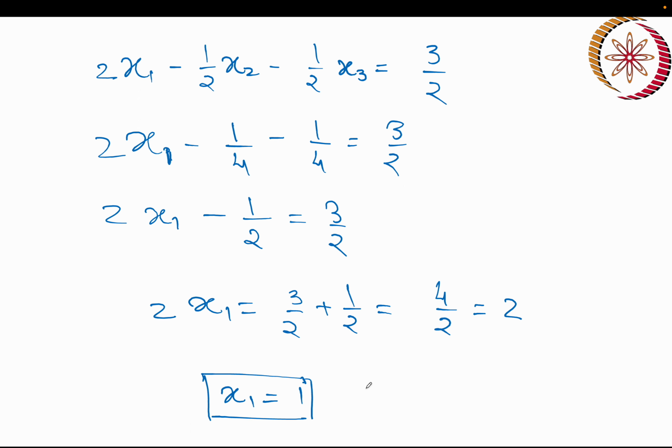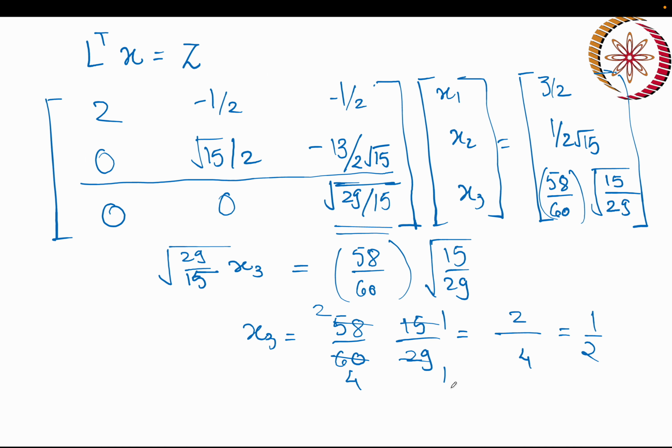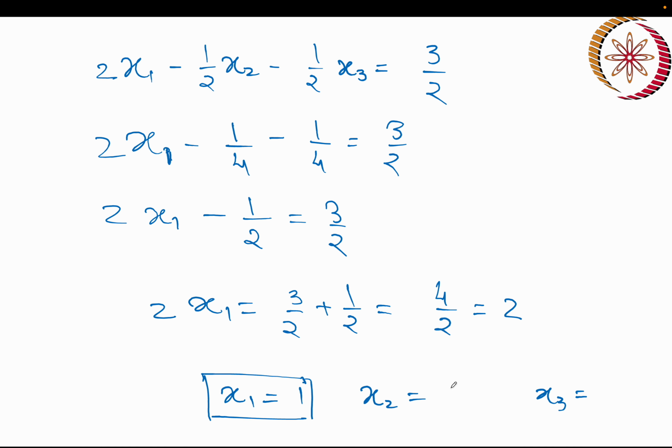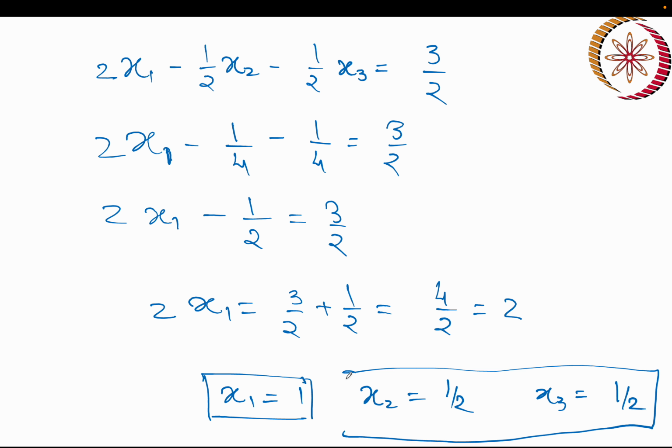And x2 and x3 we already determined: x2 is half and x3 is also half. So this is the Cholesky method.